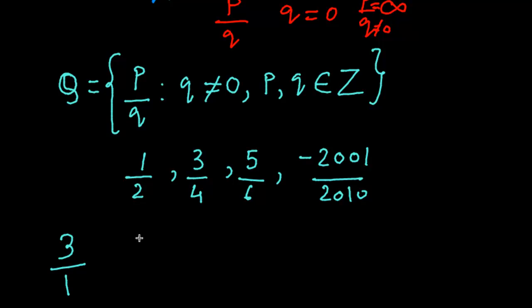Whenever you write any number in its plain form, say 4, it is assumed that its denominator is 1. So it is literally in its p by q form where q is equal to 1 and p is equal to 4. So all the whole numbers and integers would qualify as rational numbers.